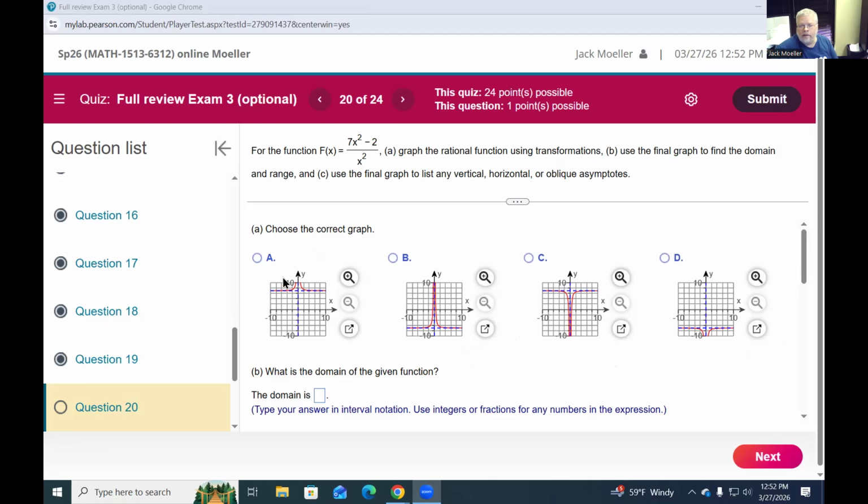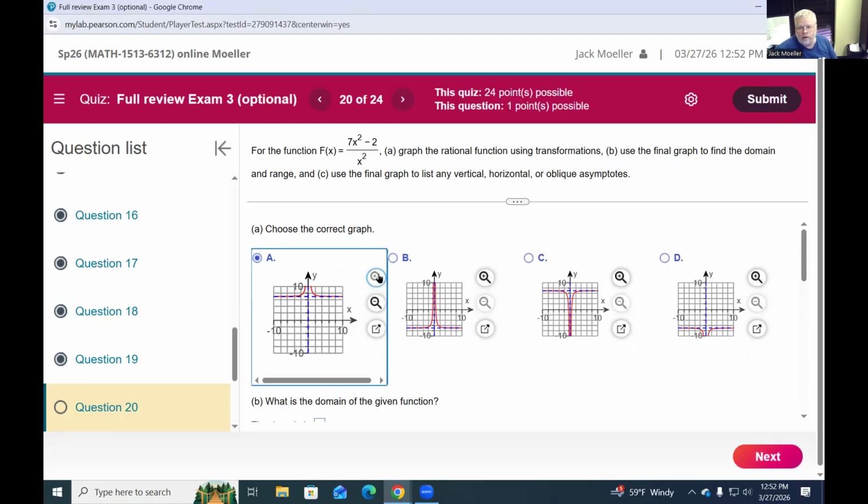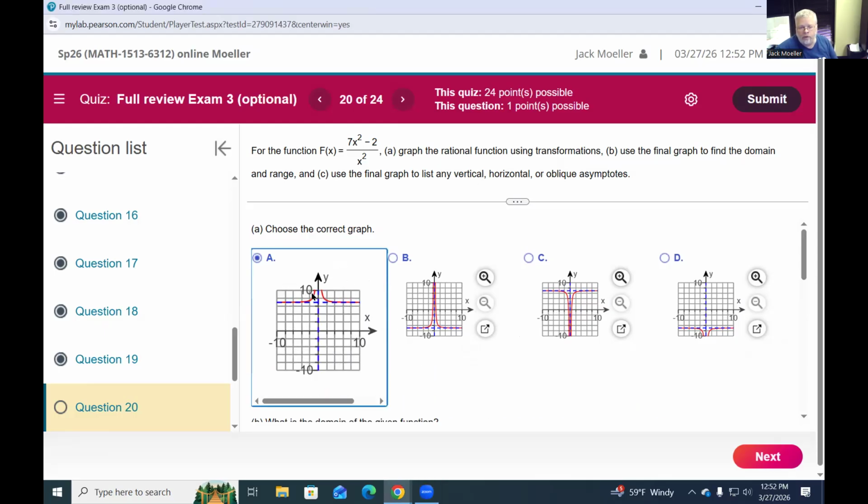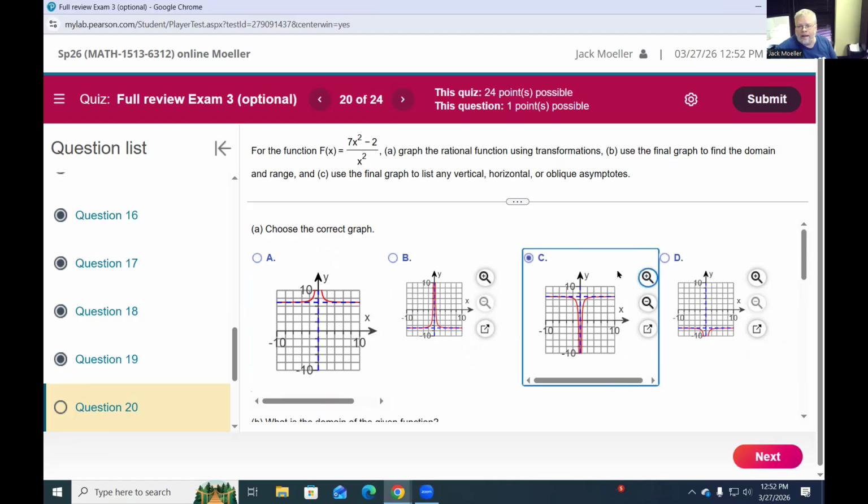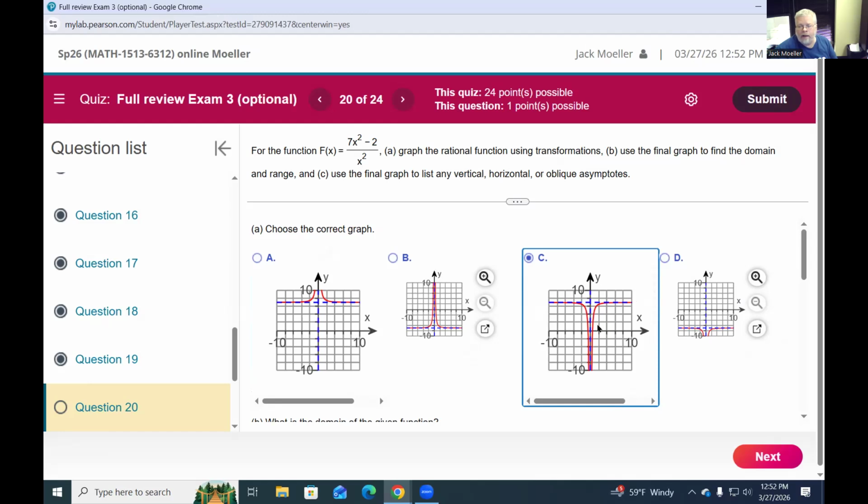Now, if you look at A and C, they both have a horizontal at y equals 7. They both have a vertical asymptote. This one's kind of hard to see in A, because you don't get to see a lot of it, but you can kind of tell it's symmetric about the y-axis. So that's x equals 0. So both C and A have the right asymptotes.